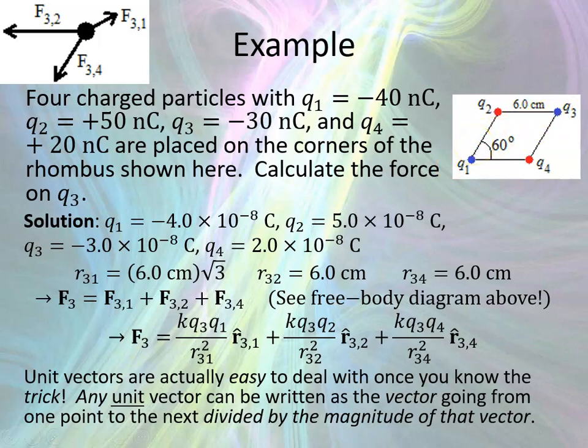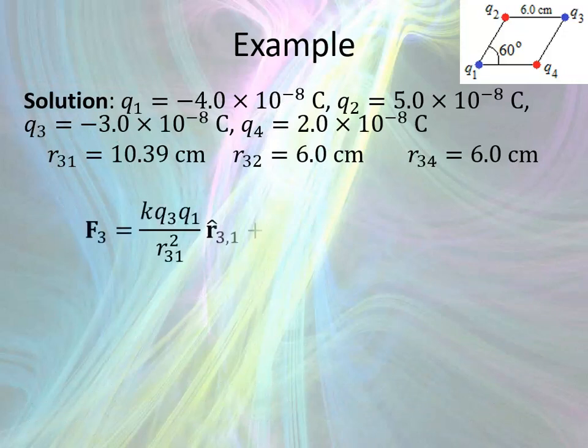It doesn't have to be in distance space. It can be in any sort of vector space. The unit vector from one point in that space to another point in that space is equal to the actual vector between those 2 points divided by the magnitude of that vector. And boom, you've got a unit vector. Okay, so that's what we're going to use in figuring out the rest of this problem.